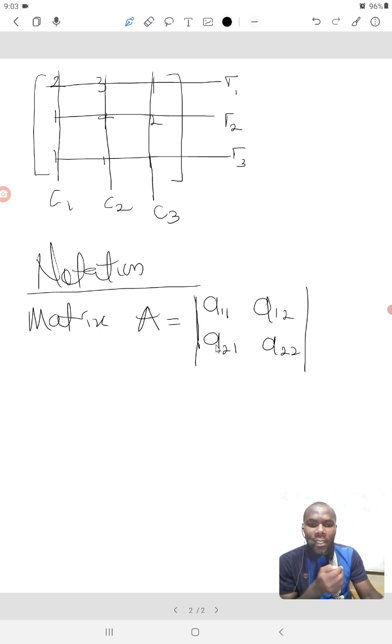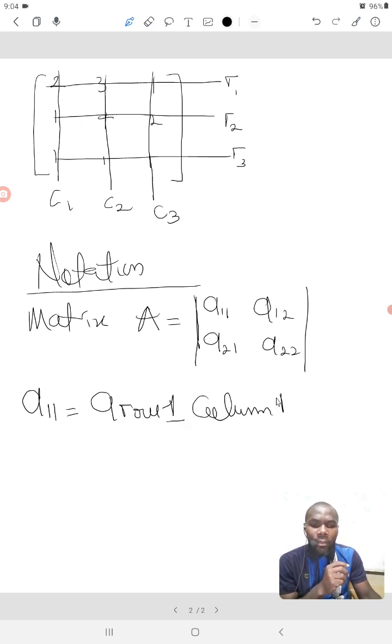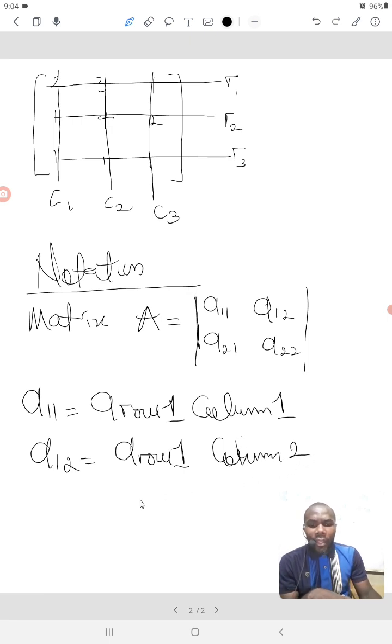A row 1 column 1 means A, row 1, column 1. The same thing applies to A row 1 column 2, which is A, row 1, column 2. Like this, that is how you notate the other values.